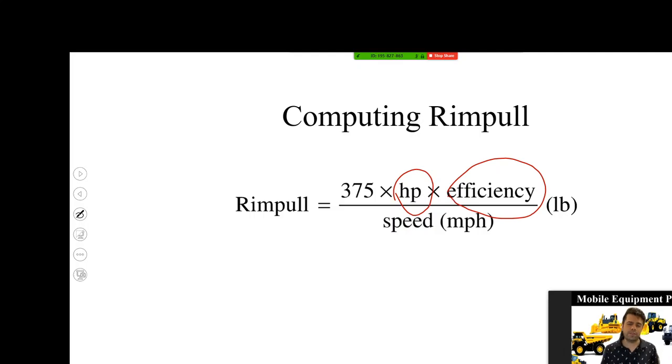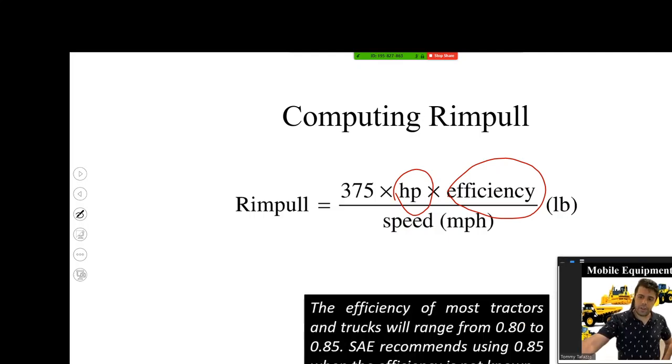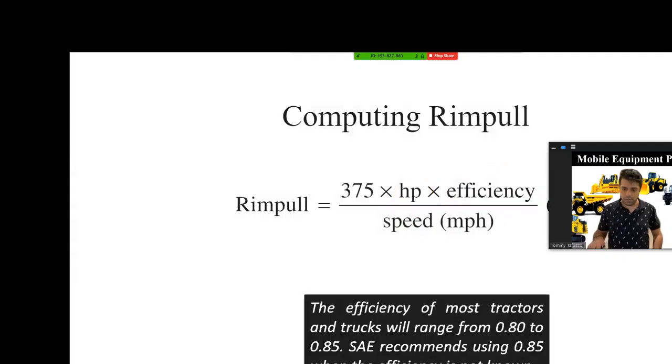And we said the efficiency usually ranges between 0.8 and 0.85, and that should be divided by the speed. It means the faster you move, the less rim pull you will get. They are inversely related to one another. Like I said, it usually ranges from 0.80 to 0.85 if it is not given to us.